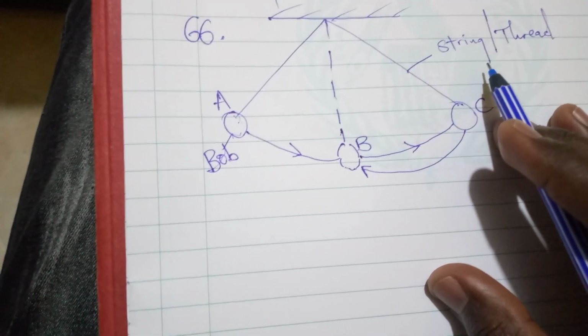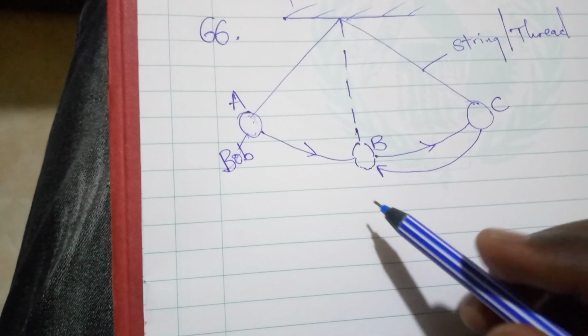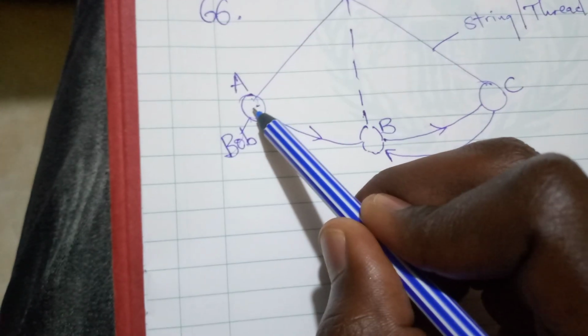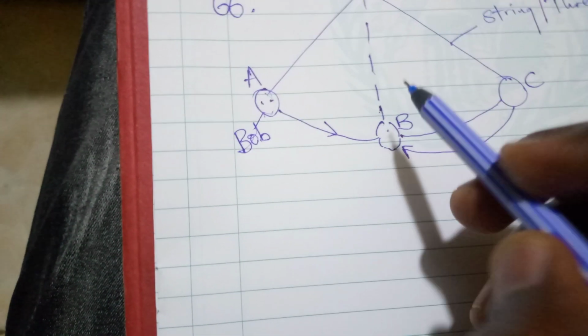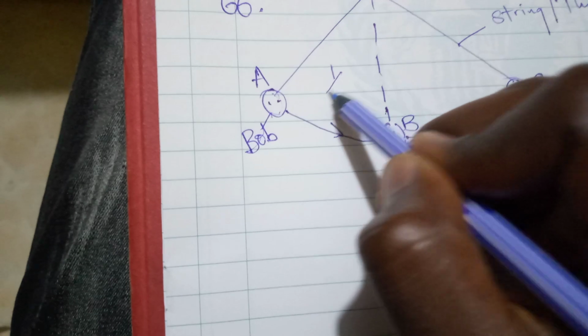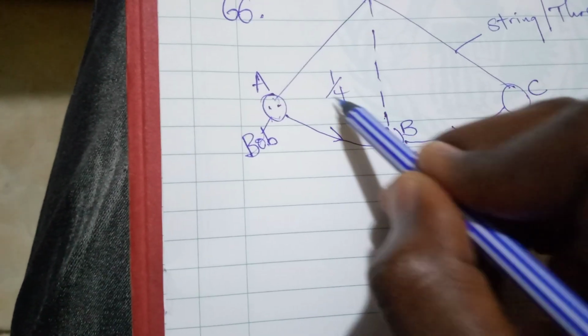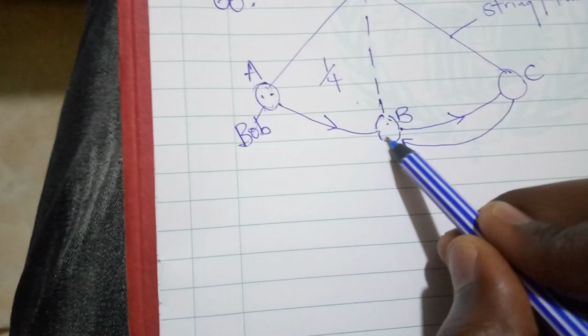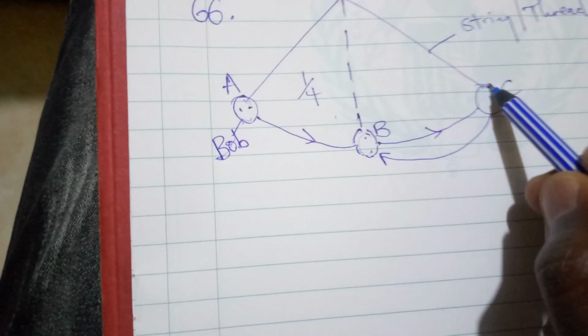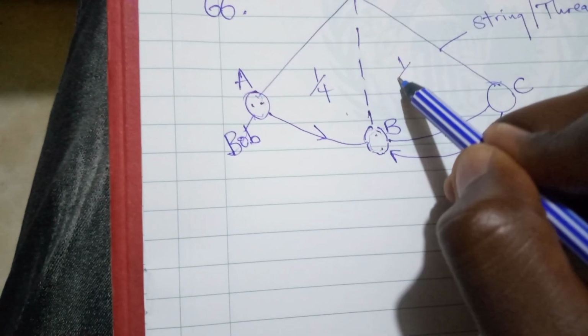And then what you should bear in mind is that when a bulb moves from point A to point B, the number of oscillation is 1/4, that is quarter. And when it also moves from point B to C, that is also 1/4.